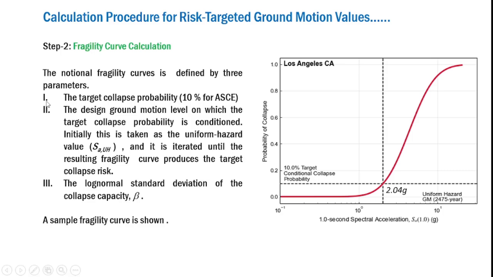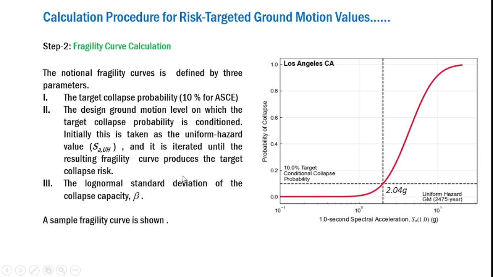Anyway, remember that a notional fragility curve requires three parameters. First one is the target collapse probability. If you get into ASCE 7, you will find that the required target collapse probability is 10%. The second one is that every fragility curve needs to be conditioned on a ground motion level.